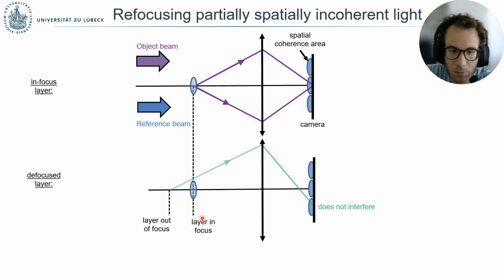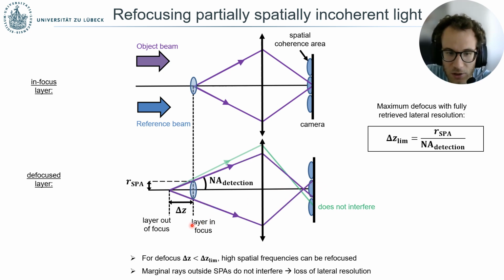And it can be because the defocus is too great, because the angle is so great that the defocus is more severe, or because the coherence area is too small. So these are the three parameters: the delta Z of defocus, the size of the coherence areas R, and the detection NA basically.